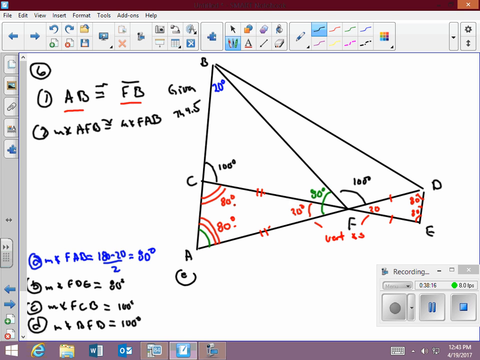E, the measure of angle CFB. So you're going to subtract 20 from 80, right? It's this one right here, and that's got to be 60.